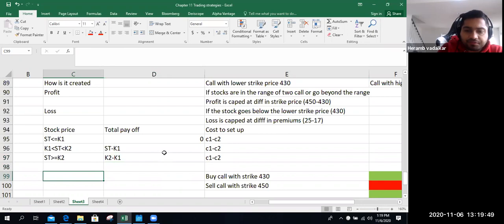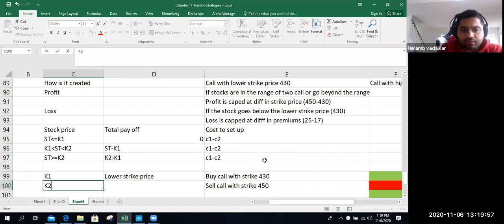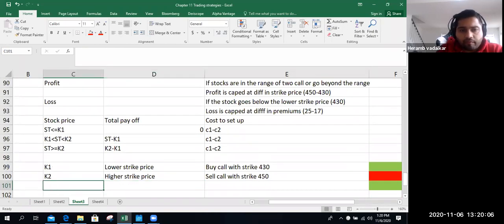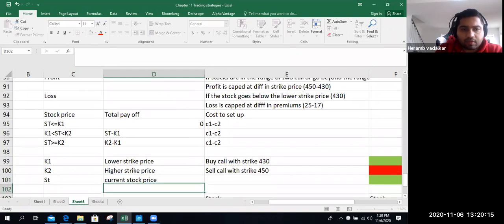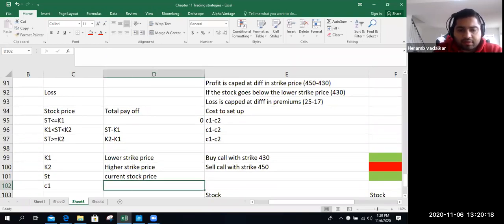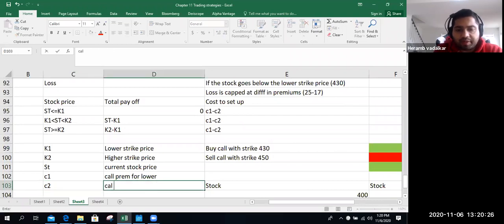In this example, K1 is the lower strike price, K2 is the higher strike price, ST is the current stock price, C1 is the call premium for the lower strike price, and C2 is the call premium for the higher strike price.